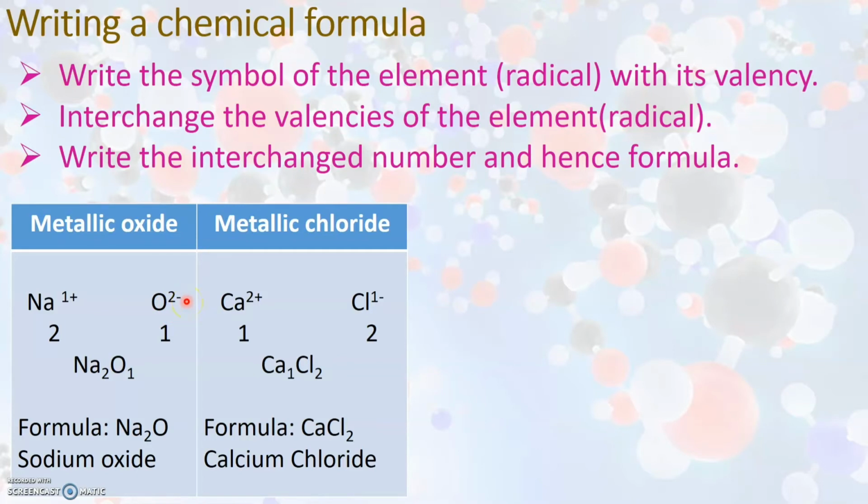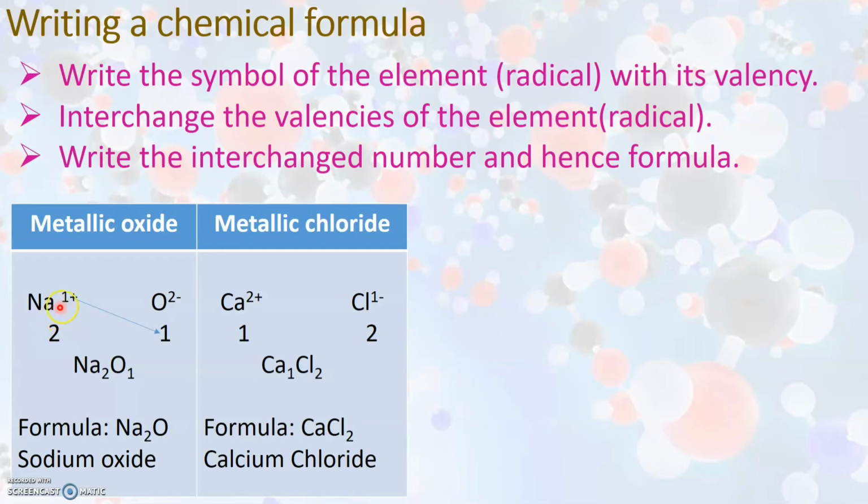Now, what is the second step? It says, interchange the valencies of the element or radical, which means that the valency of sodium will now go for oxygen and the valency of oxygen will now go for sodium. So, let's see how it is.